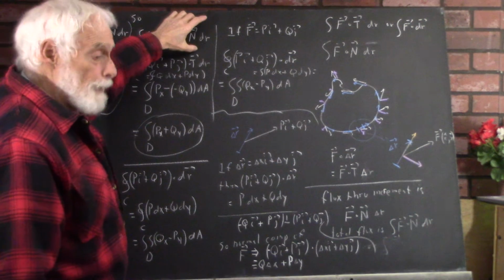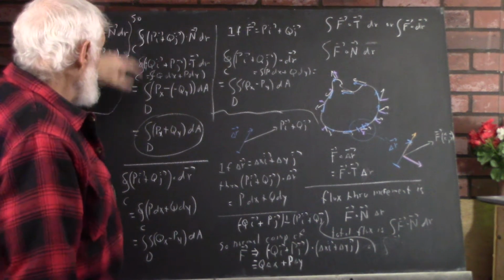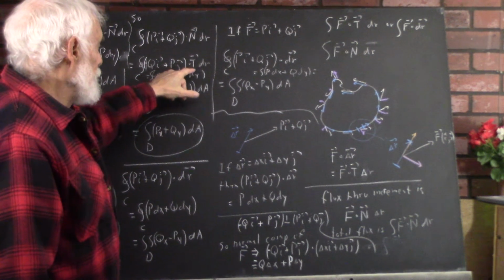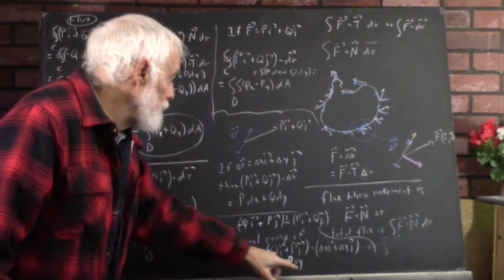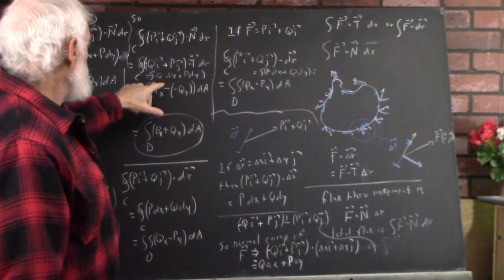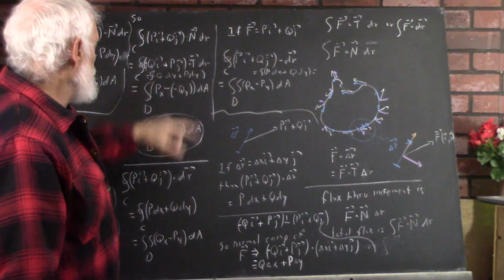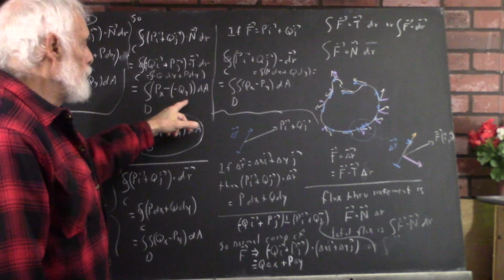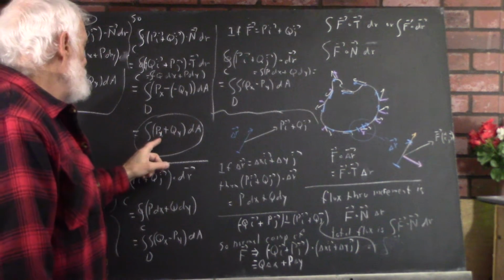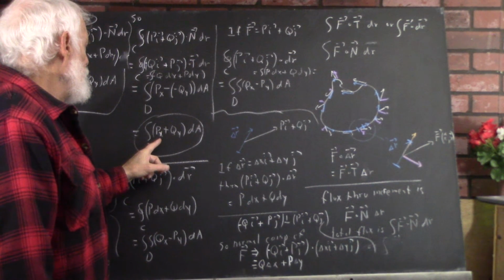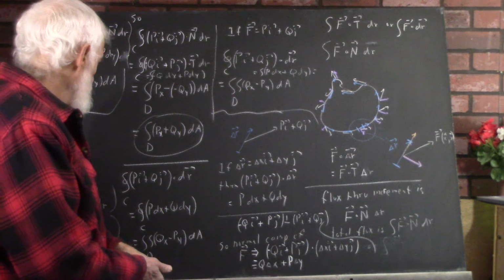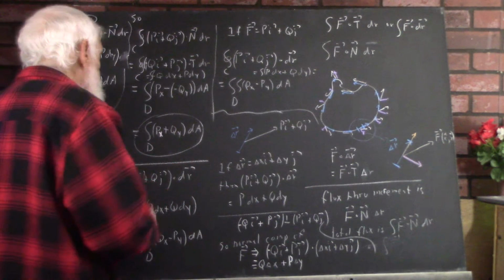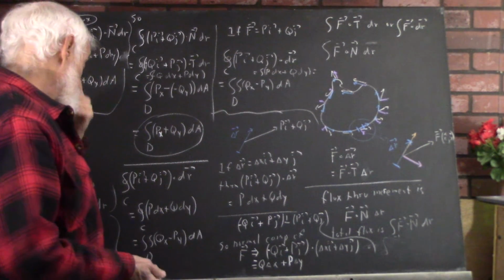Well, this is the integral of the normal component, and that integral then has to be equal to the negative Qi plus Pj dot T dr, which is this, which is your negative Q delta x plus P delta y, which is the integral of Px minus the negative of Qy dA, which is just Px plus Qy. That x almost looks like I tried to change it to a y, but it's clearly an x.